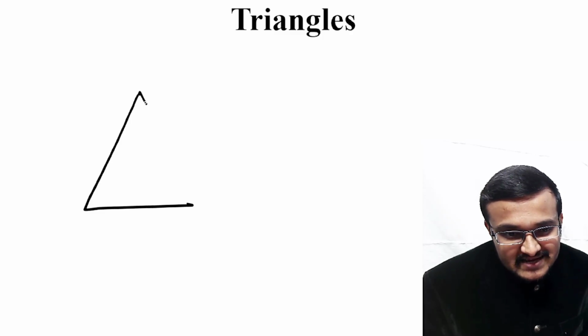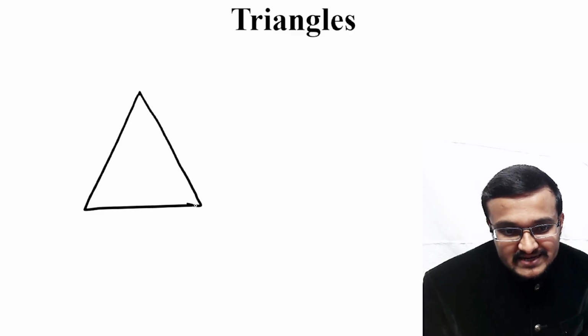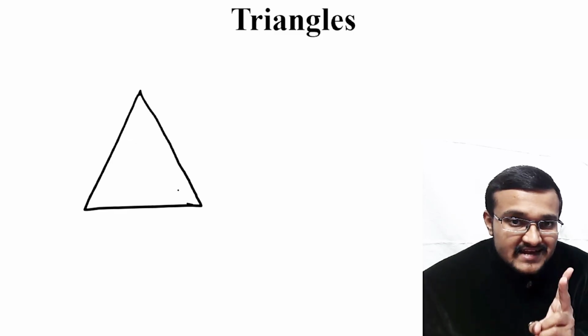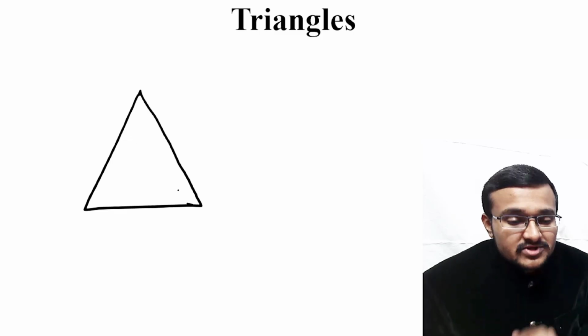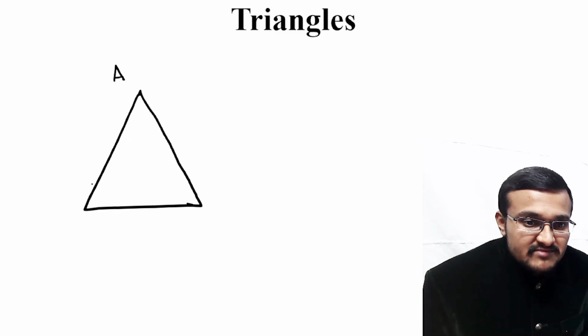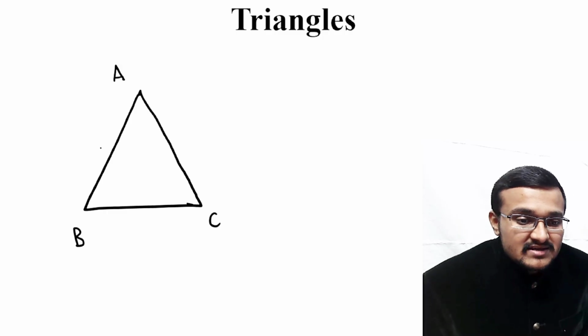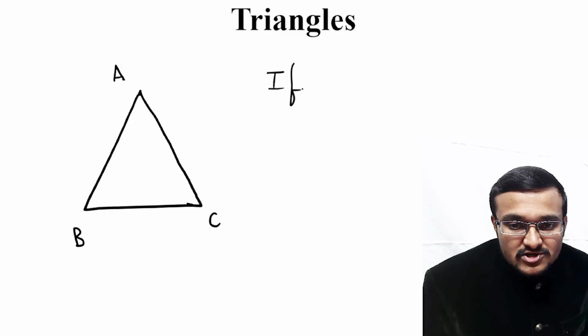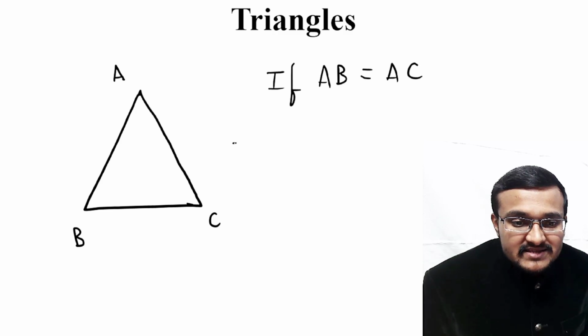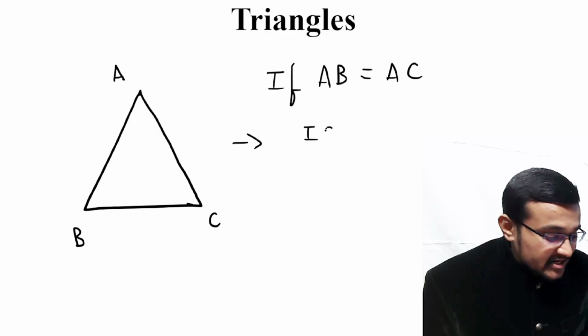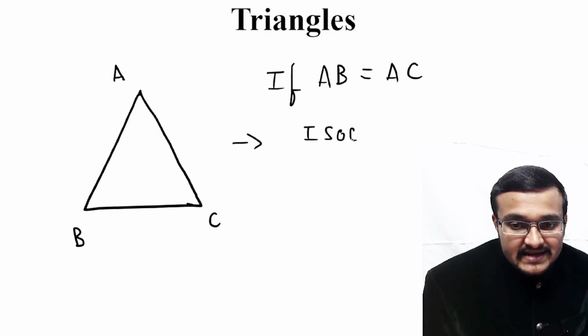An isosceles triangle is a triangle where two of its sides are equal to each other. For example, if I am considering ABC as my triangle, if AB is equal to AC, then this particular triangle is known as an isosceles triangle.